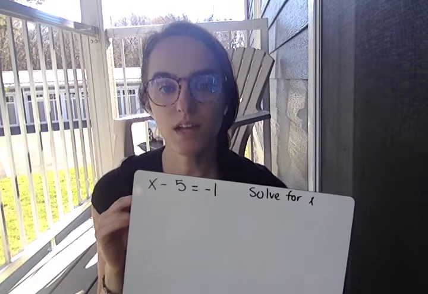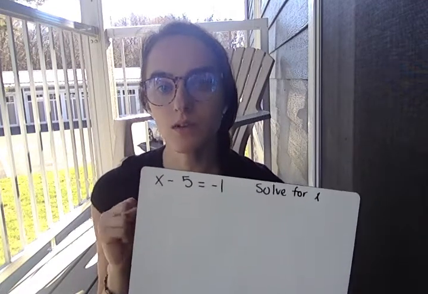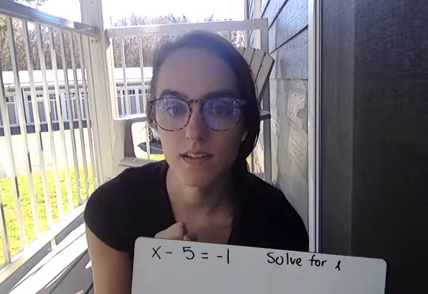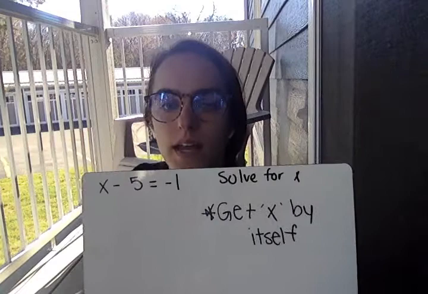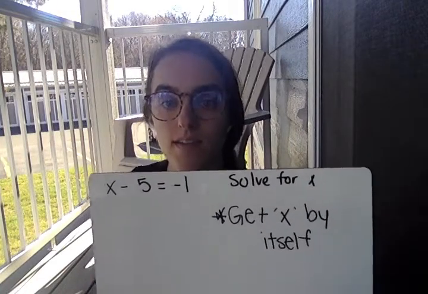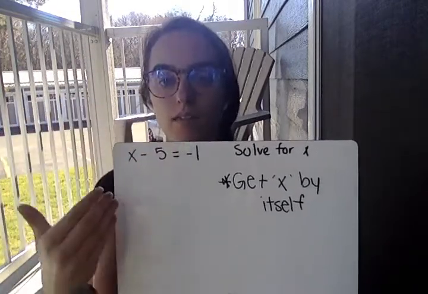The only way that you can solve for x is you need to get x by itself. You need to get x alone. X needs to be on its own side of the equal sign.